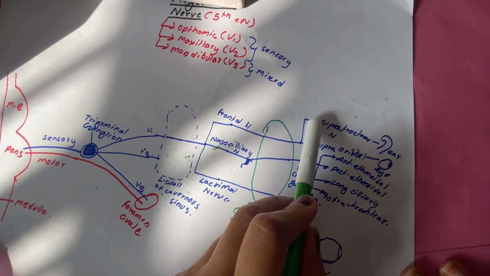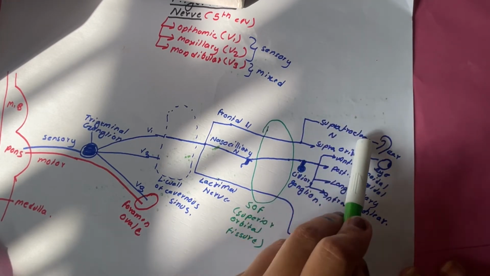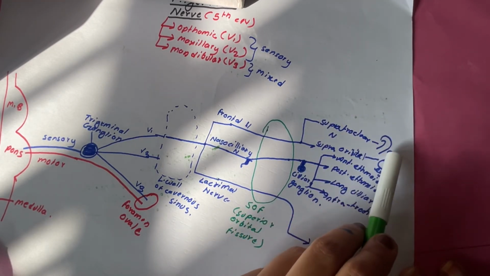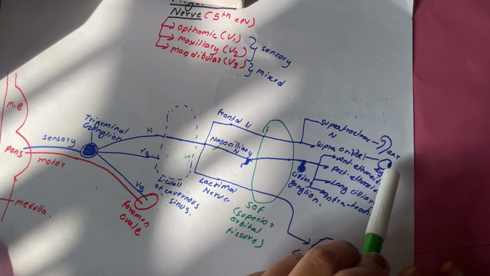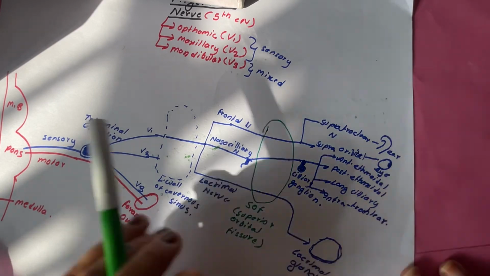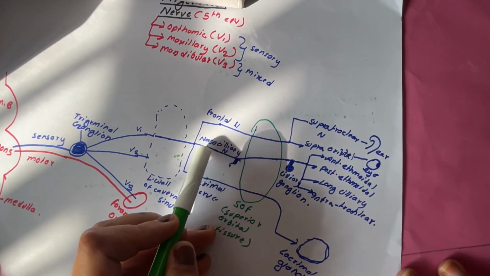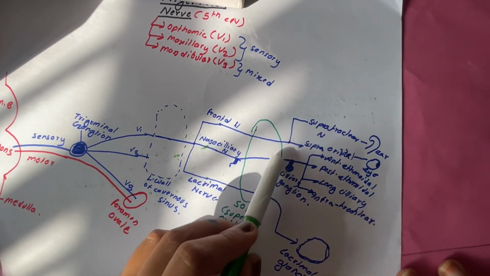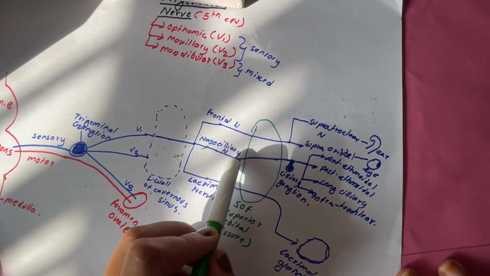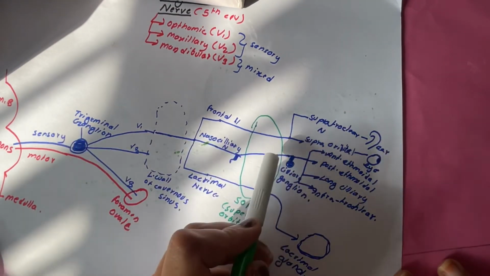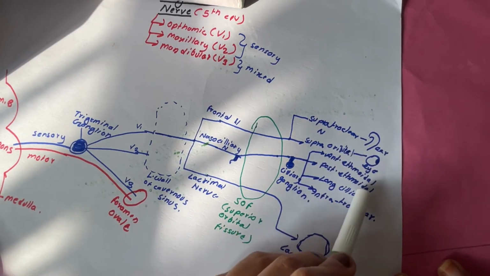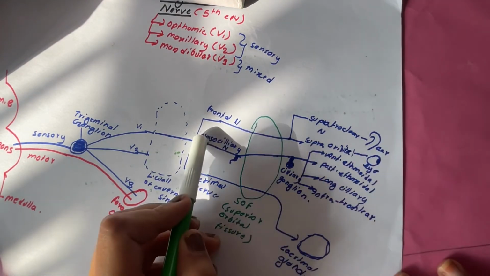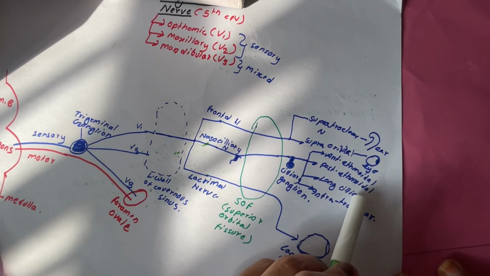The nasociliary nerve gives 4 branches: anterior ethmoidal, posterior ethmoidal, long ciliary and infratrochlear.